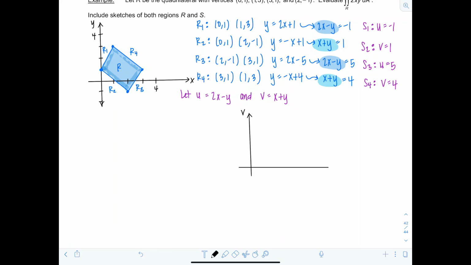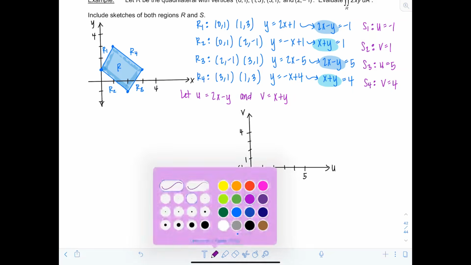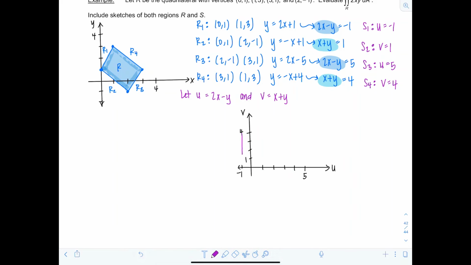Let's draw it out. Here's the u-axis, v-axis. How far do we got to go, people? -1, 1, 2, 3, 4, 5. And then 1, 2, 3, 4. Love it. Okay, S1 is where u equals -1. There's S1.